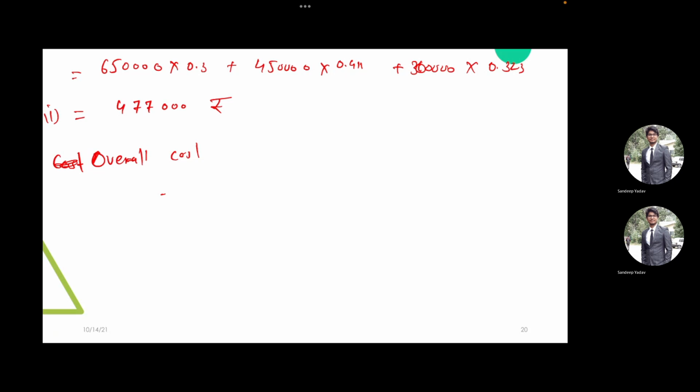Now we can calculate the overall cost. Cost will be first plus second, that is 4,81,380 rupees.